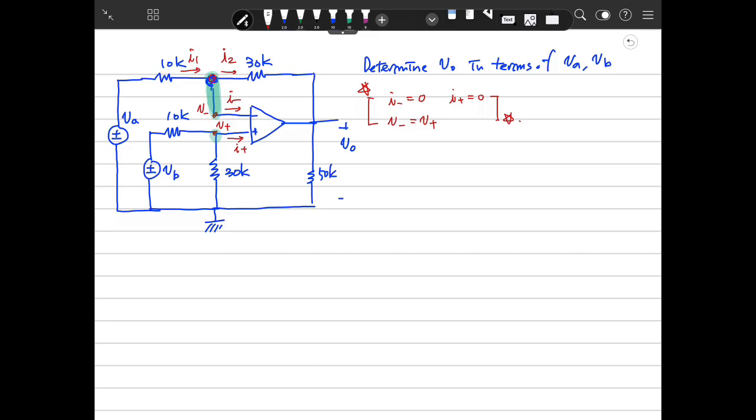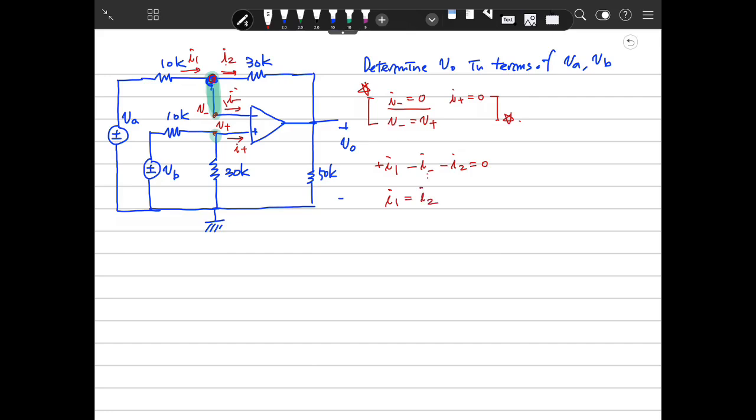So what is the KCL here? Plus I1, and I minus is going out, so minus I minus, and I2 is going out to here, minus I2 is 0. Because I minus is 0, I1 equals I2.